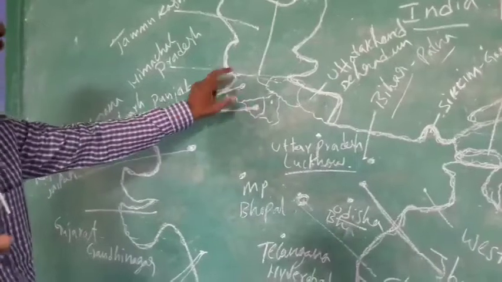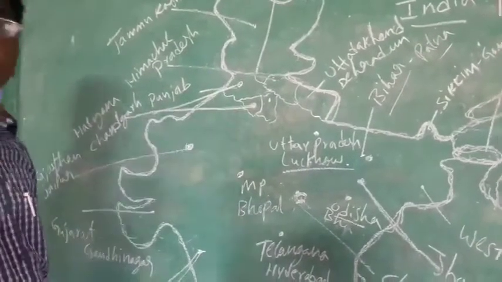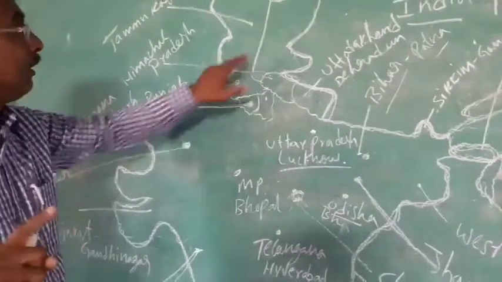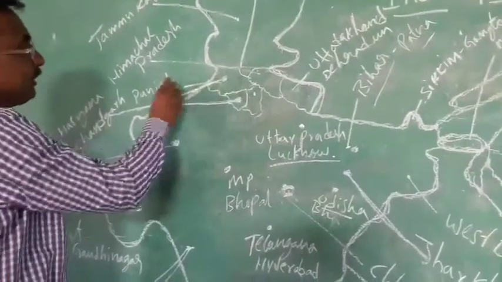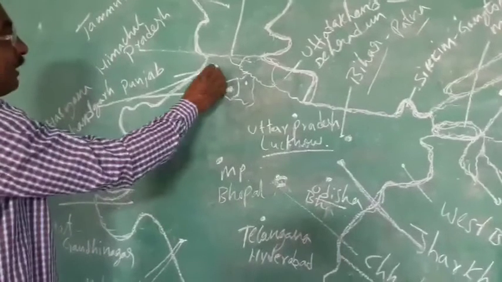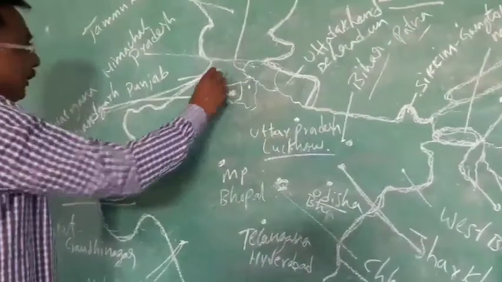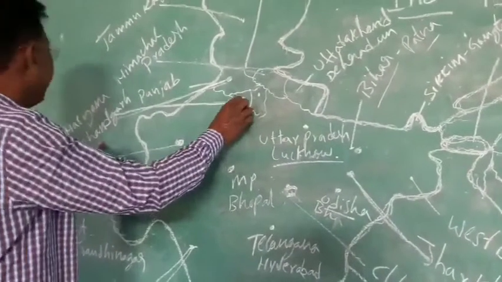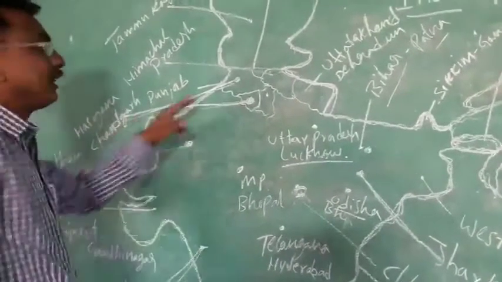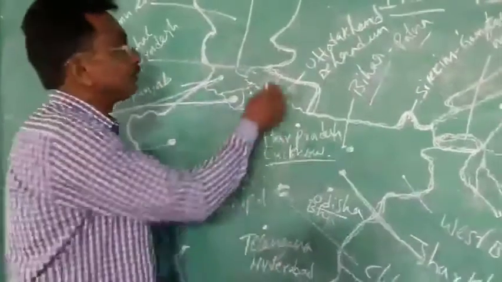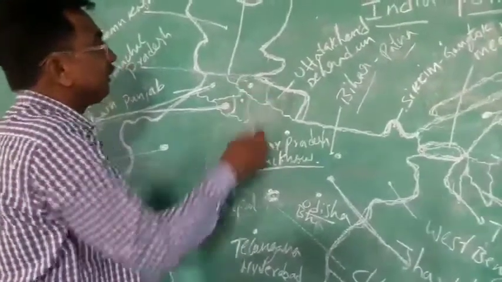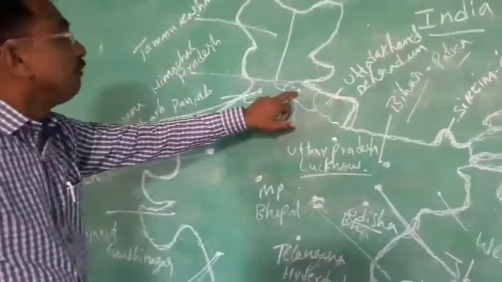In India, on the top, on this left side, Punjab state is there, and its capital is Chandigarh, and Haryana state also has Chandigarh. Okay, Chandigarh. And inside this part, you see here we have Himachal Pradesh.